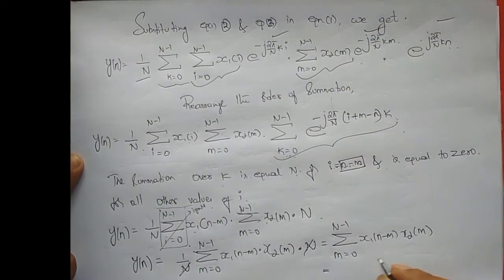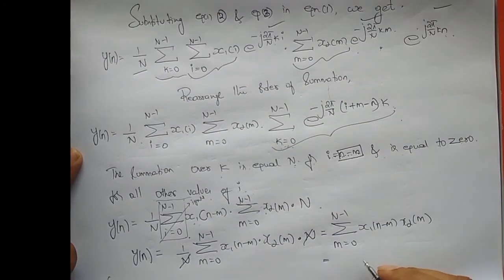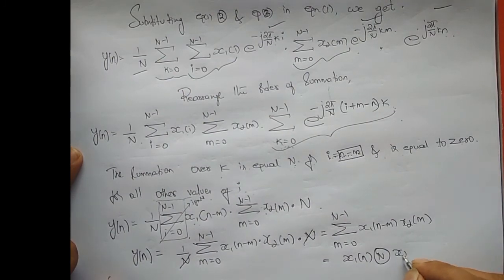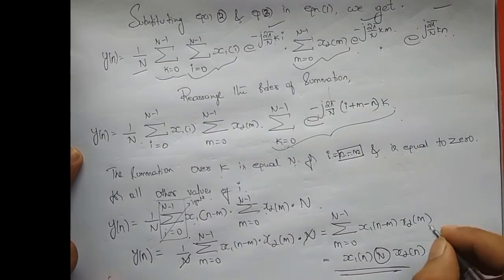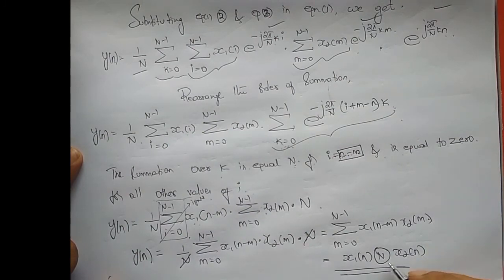This is nothing but the equation for the convolution sum. I can write it as x1 of n circularly convolved with x2 of n. So this convolution equation, in short, we can write like this, right?